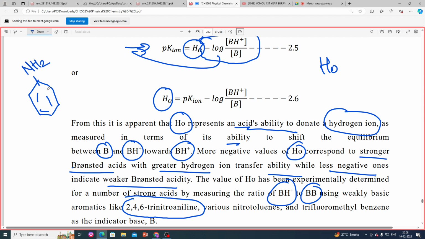This is called aniline. Numbering the positions 1, 2, 4, 6, here is the NH2, and it is the 2,4,6-trinitro. Nitro means NO2.